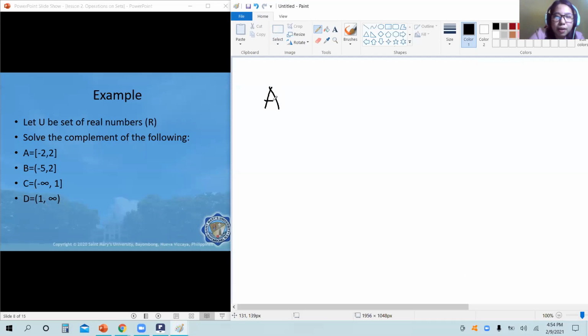So A prime is equal to, we are not going to include negative 2.